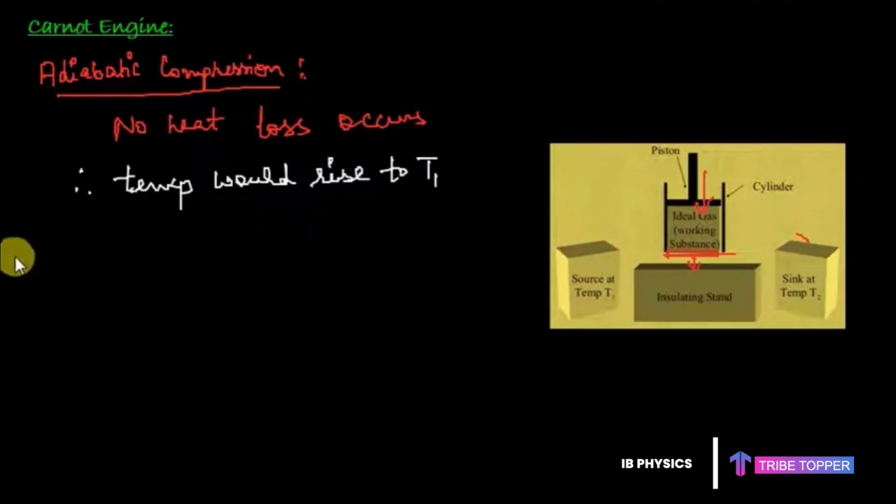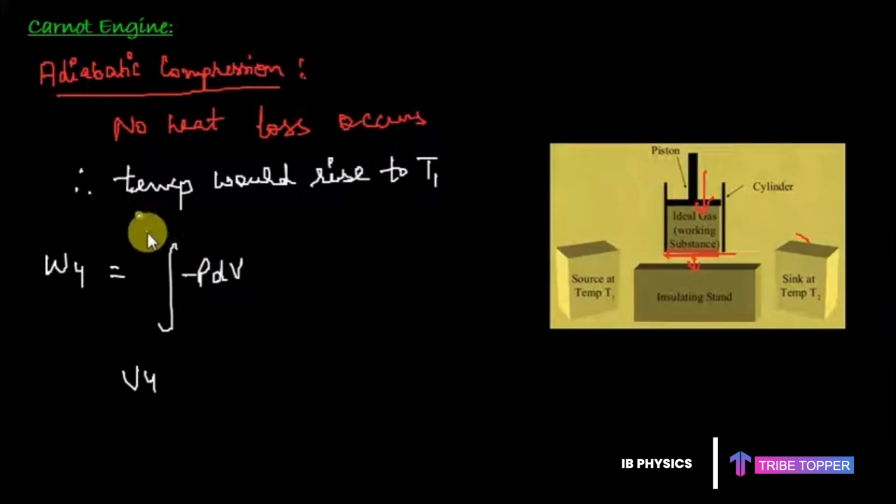So work done this time, W4, during adiabatic compression would again be PdV but with a negative sign. Volume is changing from V4 back to V1 because we compressed it, and it's again minus R times (T2 minus T1) upon (1 minus gamma).